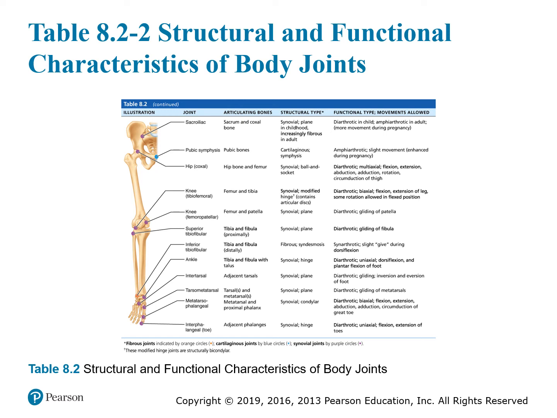And then lastly, we have our interphalangeal joints. These joints comprise the bones from adjacent articulating phalanges. This joint is a synovial hinge joint. Functionally, it is diarthrotic, uniaxial, and the movements include flexion and extension of the toes.